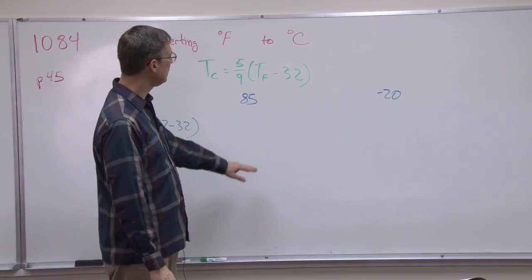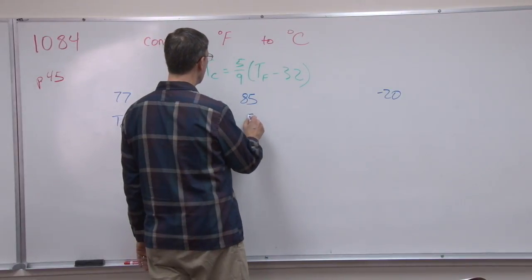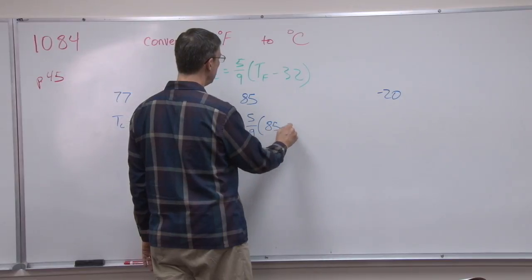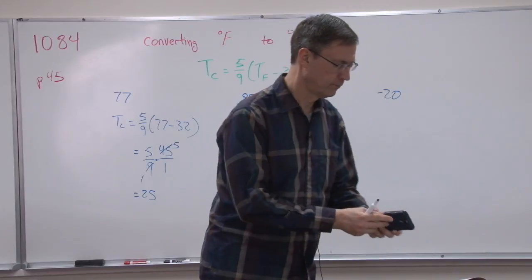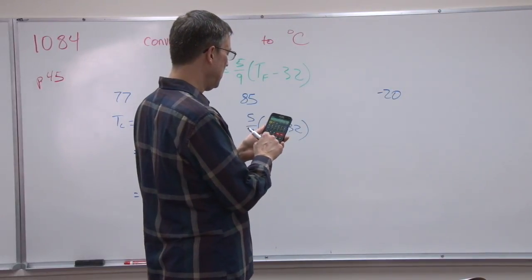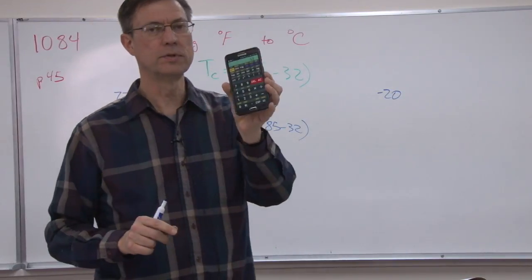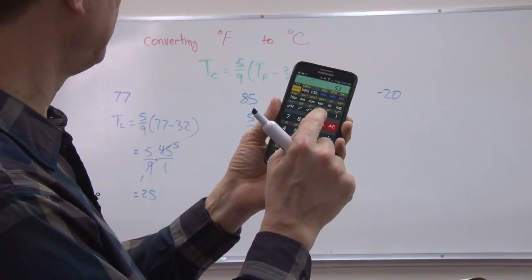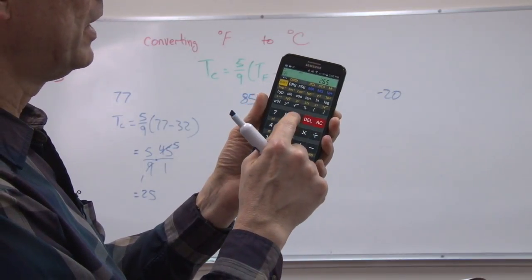All right. Let's do this next one. I think I'll use a calculator when I do this one. So 5/9 parentheses 85 minus 32. All right, so we're going to take 85, subtract 32, it equals, all right, so we have 53, and then I'm going to take that times 5, and then divide that by 9.